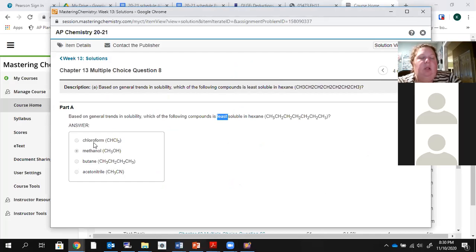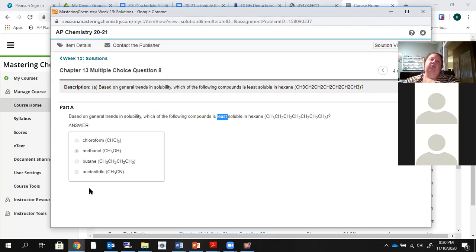Chloroform is a carbon in the middle with 3 chlorines around it and a hydrogen, so that one is polar. That's on my list. Methanol is also going to be polar if I draw out the structure. A lot of this, you have to think about the Lewis dot structures. Methanol is even more polar than chloroform because it can form hydrogen bonding, with hydrogen bonding onto a nitrogen, an oxygen, or a fluorine.